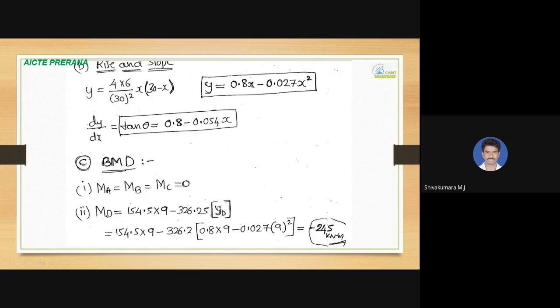For YD, the expression for y is substituted: 0.8 times x, with x as 9, minus 0.027 into 9 square. If we substitute, we get the moment at D as minus 245 kilonewton meter.